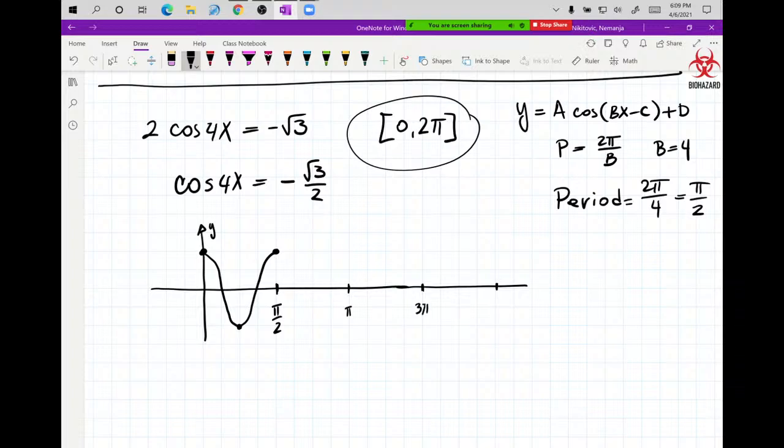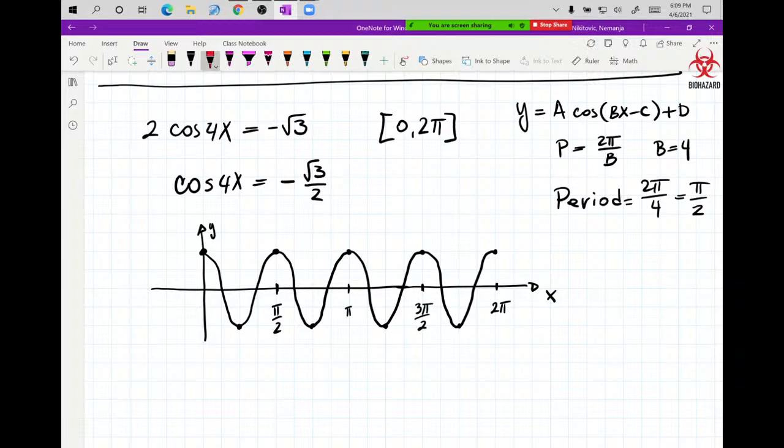That's a 3 pi over 2. And that's 2 pi. So I need to draw cosines in each one of these. So these are the min and max. We remember that the cosine starts on top and drops to minimum and goes back up. So there we go. The next one. And the next one. And now we get to stop because they want 0 to 2 pi.